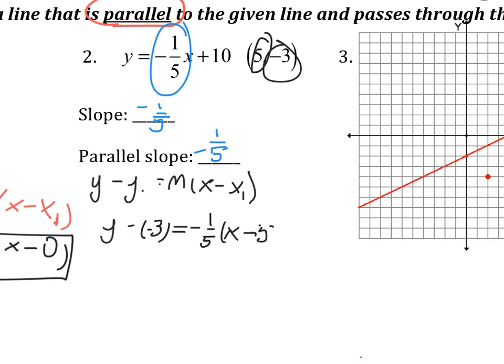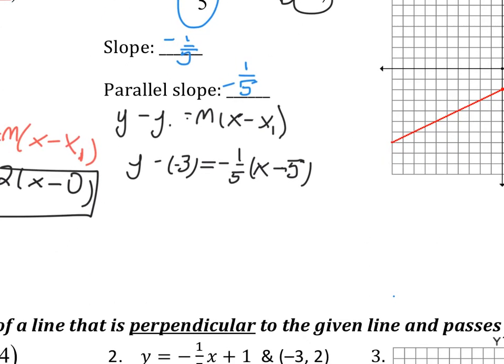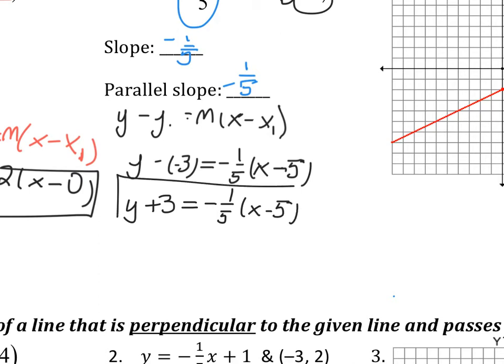Then I should be able to simplify this, because y minus a negative 3 would be the same as saying y plus 3. So y plus 3 is equal to negative 1/5, and then in parentheses you still have your x minus 5. And there's your equation of the line.